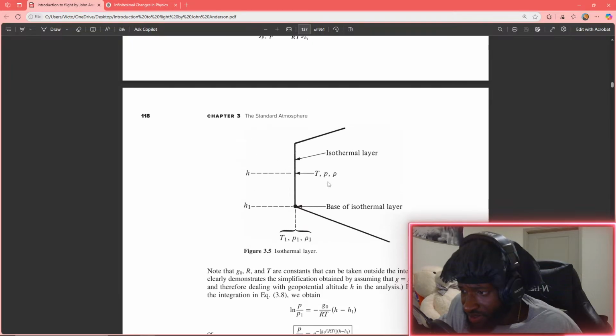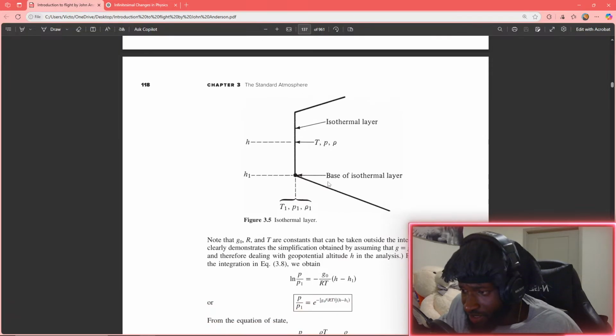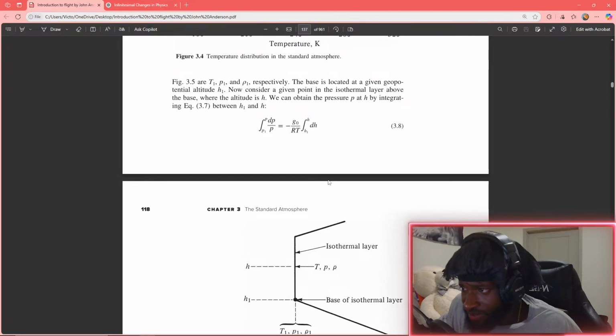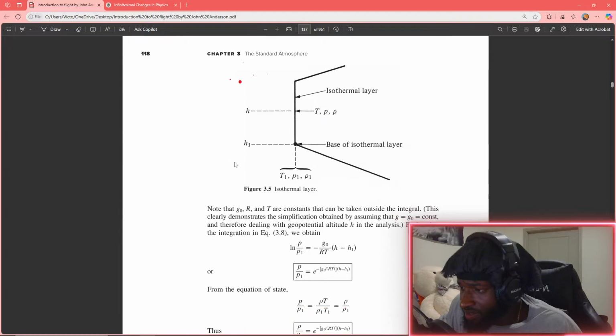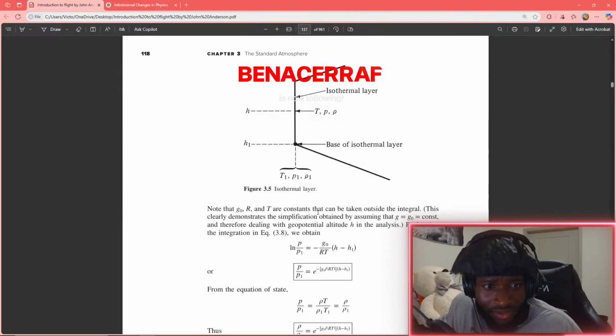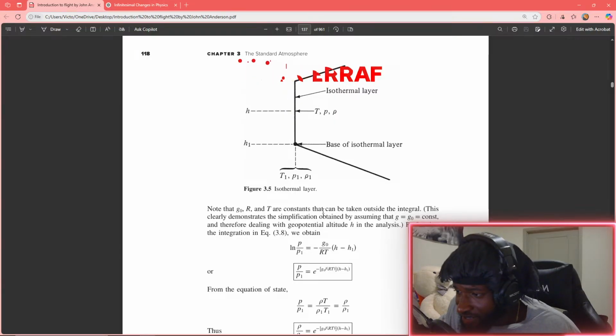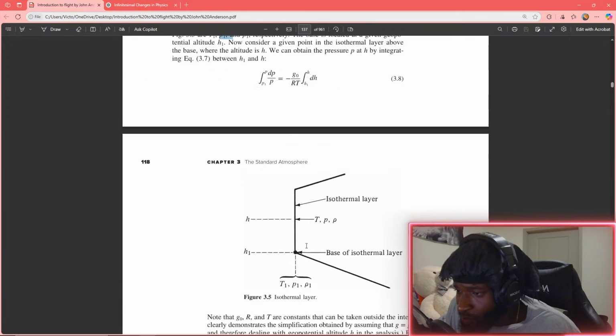We obtain the natural log of P over P1. I'm confused. Natural log of P, pressure over pressure 1. Why are there two pressures?